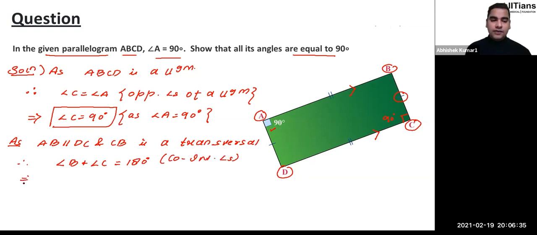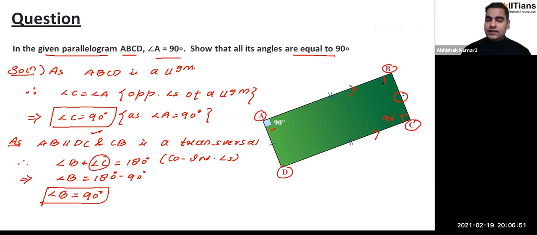Now we can put the value. So angle B is equal to 180 degrees minus 90 degrees, because the value of angle C is already 90 degrees. So the value of angle B you got is 90 degrees. Understood?